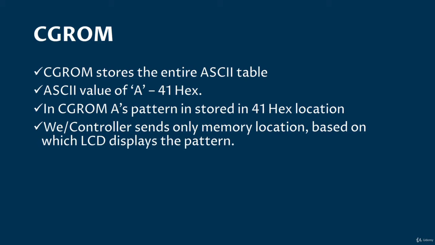CGROM stores the ASCII table along with the character patterns. So we are not actually sending characters to the LCD. For example, the ASCII value of capital A is 41 in hex. When we want to print capital A, we send 41 to the LCD, and the LCD treats 41 as a memory location and puts a query in the CGROM.